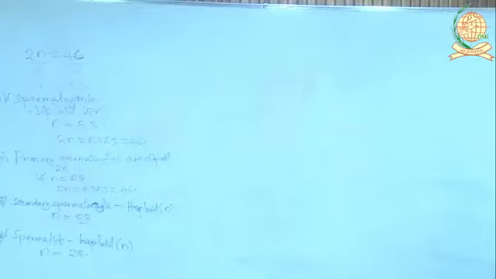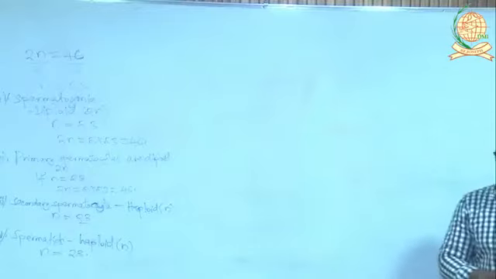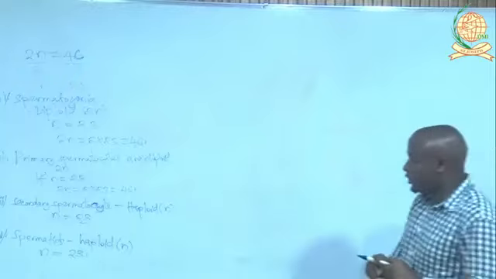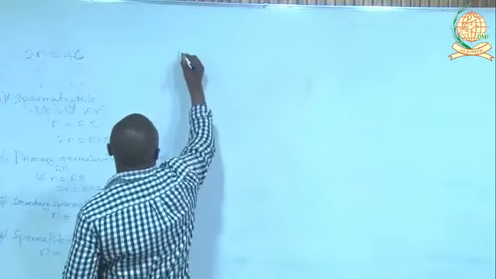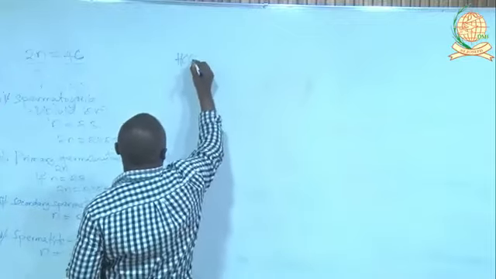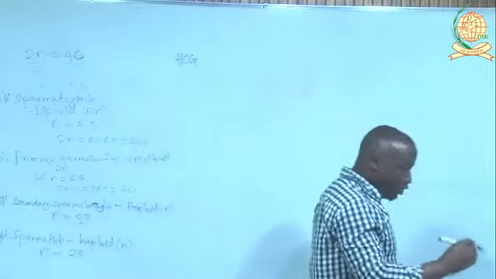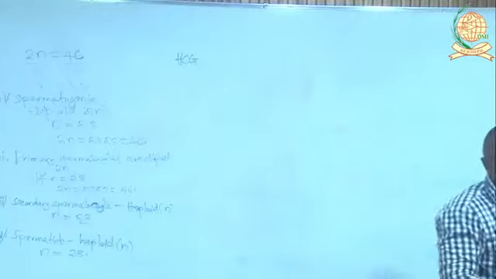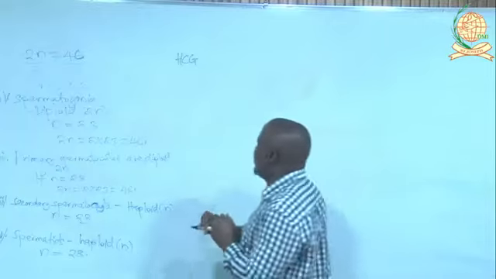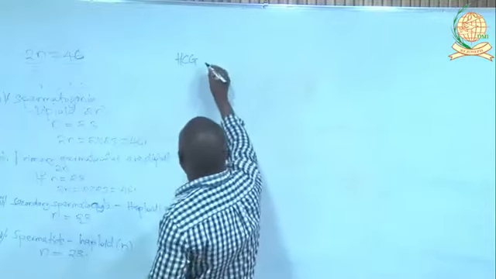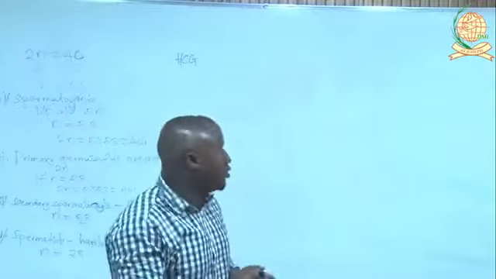So the trophoblastic cells secrete a hormone called human chorionic gonadotrophin, abbreviated as HCG. Sometimes it may be called chorionic gonadotrophin.